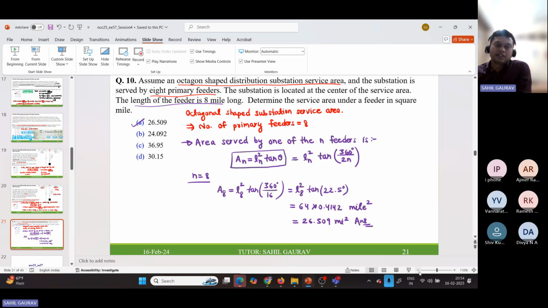Sn is the kVA load served by one of the feeders: S4, S6. The Sn term is D into An, where D is load density and An is the area served by one of the n feeders. Then the area expression is Ln square tan theta, and the percentage voltage drop is K into LE into Sn. These things you have to keep in mind.